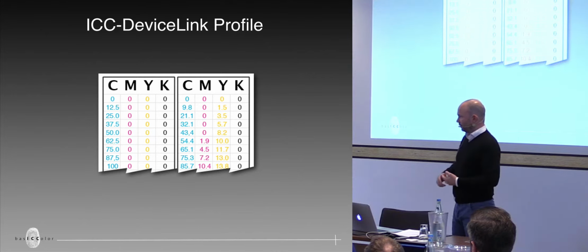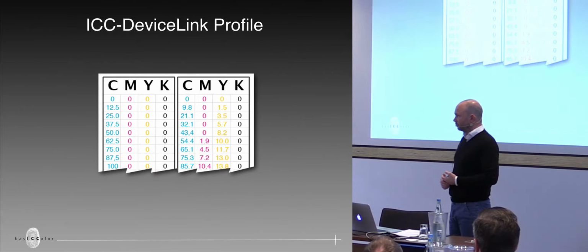The output profile. The output intent profile, yes, but that is technically a different piece of software. There you have the single profile, and the DeviceLink profile, as Hans-Peter just explained, is two profiles, a source and a destination, in the same ICC profile.